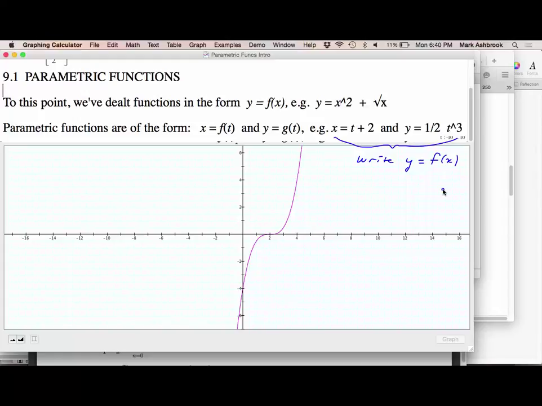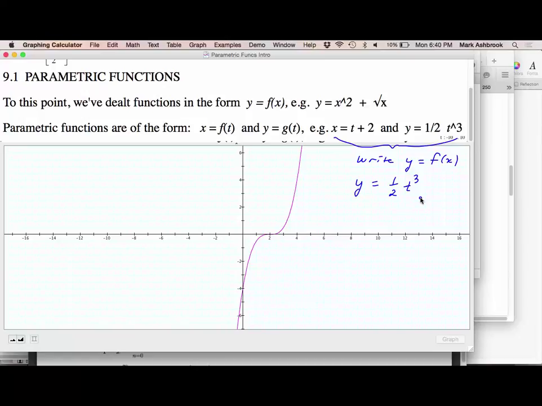The way you're used to. Okay, writing it in terms of x, as a function of x. How can we do that? Well, so this kind of looks like that, right? We have y equals 1/2 t cubed, but that's y in terms of t. So how can we get y in terms of x? It's like we're almost there. We just need this to be in terms of x instead of t. How can we do it?